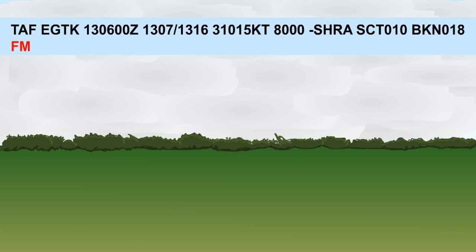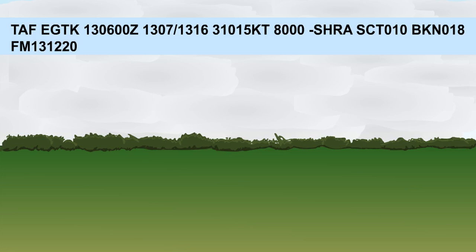The first change indicator is FM, meaning from. This is followed by a 6-digit time group. The first 2 digits are the date and the remaining 4 digits are the time in hours and minutes. This means that from the 13th at 12:20 Zulu, certain weather changes will occur.